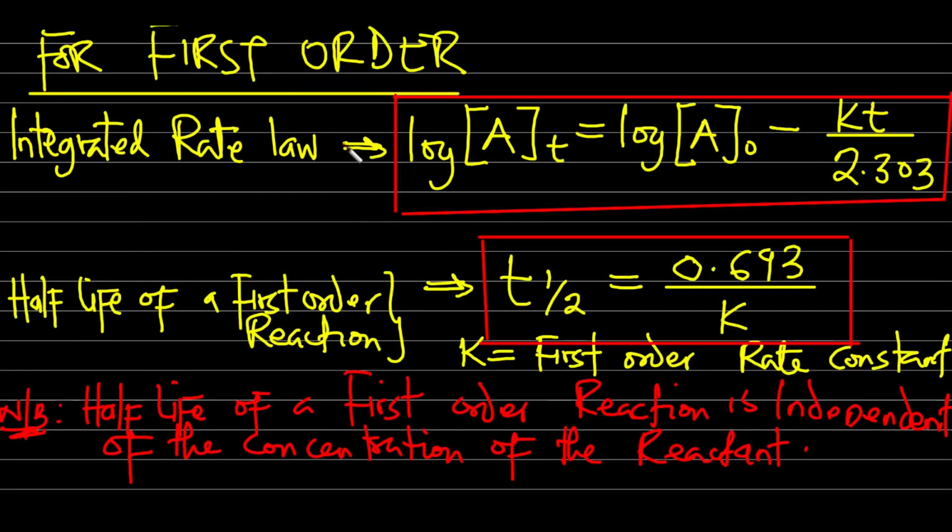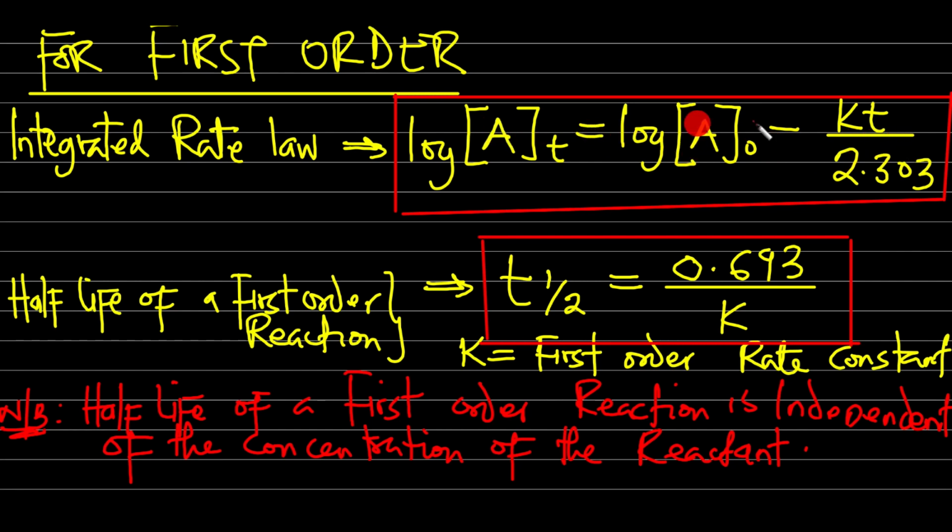Okay, now for first order, the integrated form of a first order reaction is written here. We have log At, where At is the final concentration, A naught is the initial concentration, minus Kt all over 2.303. So this is the formula for the integrated rate law of a first order reaction.